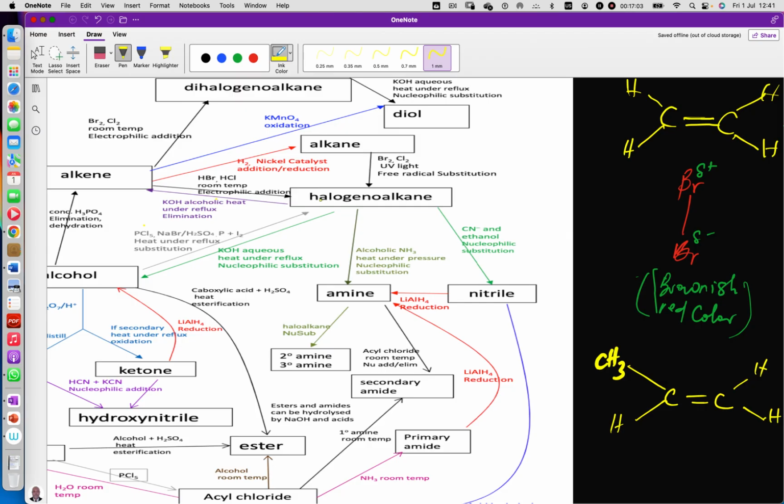All of them will be acting as catalysts. And when you add hydrogen to an alkene, an alkane is produced.